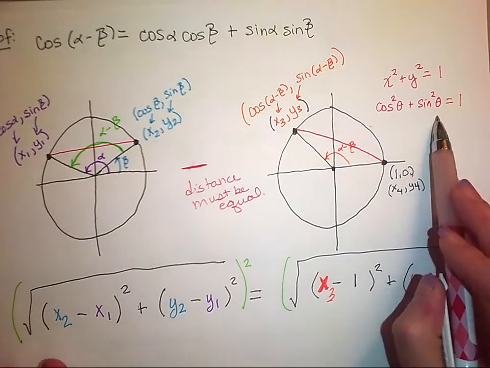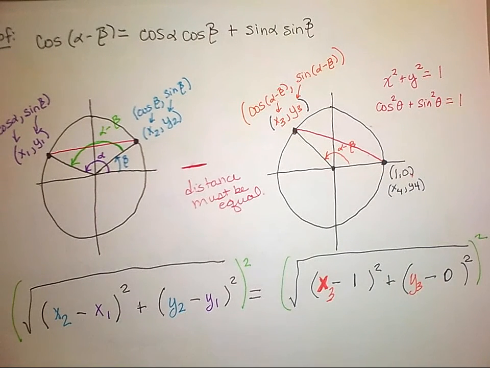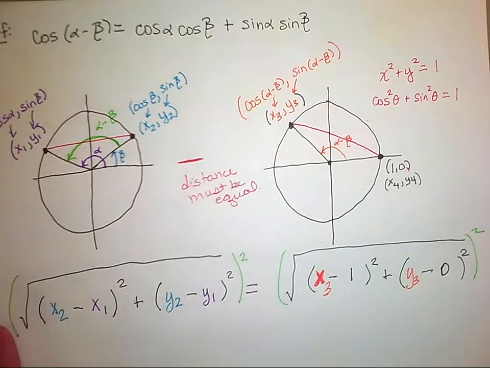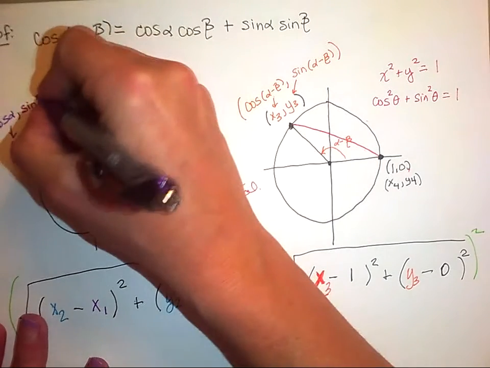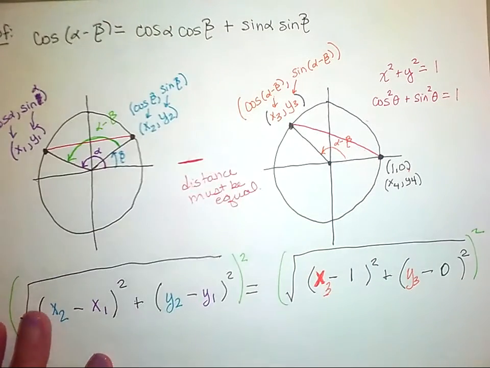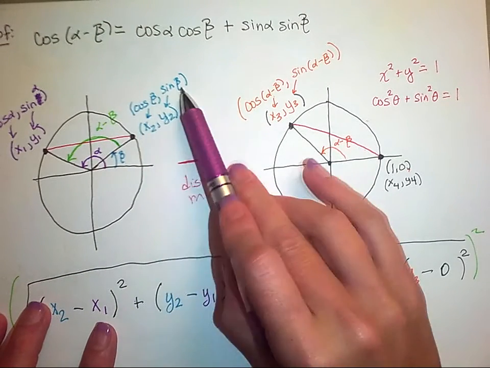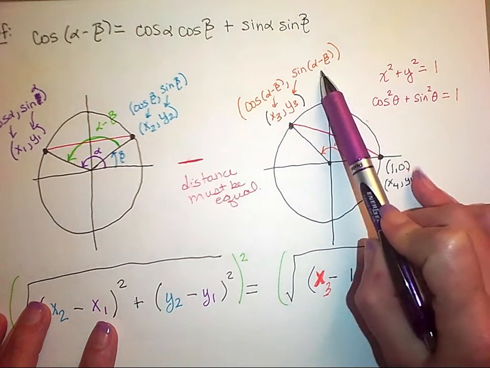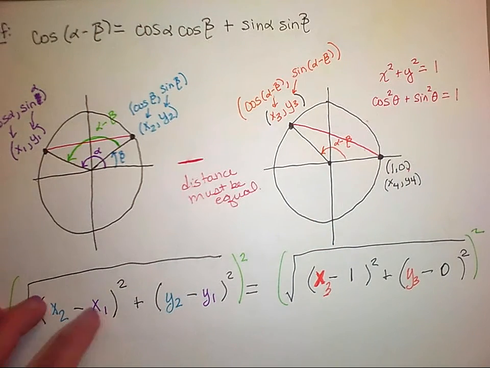This is our Pythagorean identity. Now, keeping that in mind, x1 is cosine alpha, sine alpha. This is cos beta, sine beta, and this is the cos of the difference and the sine of the difference.